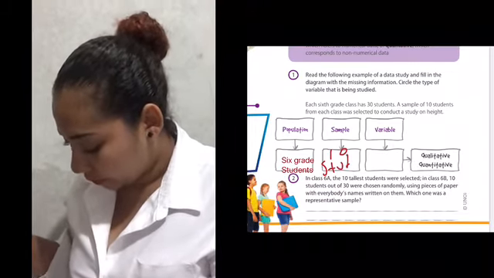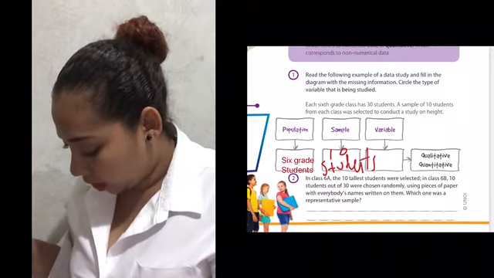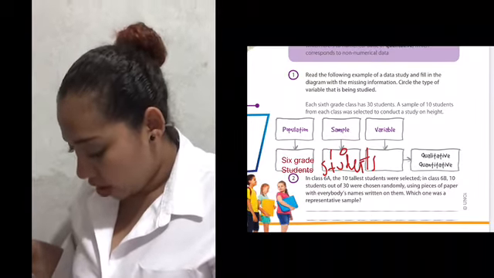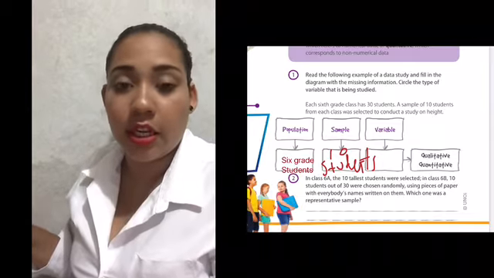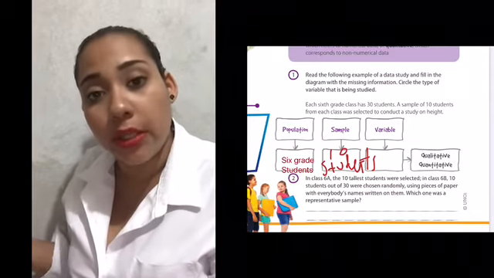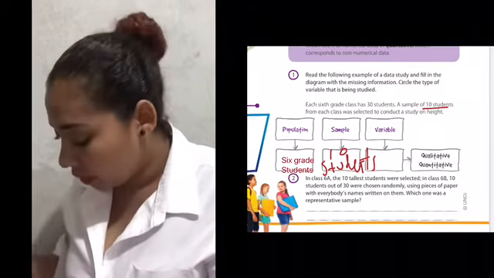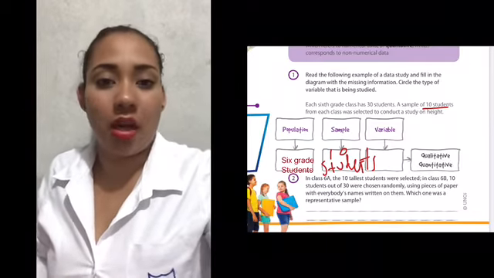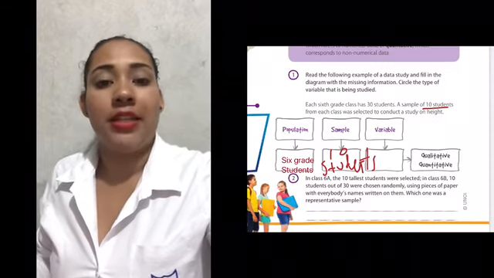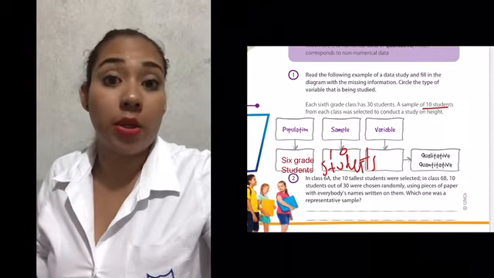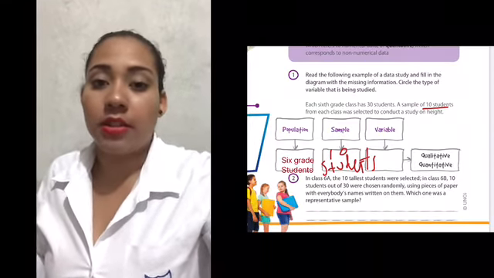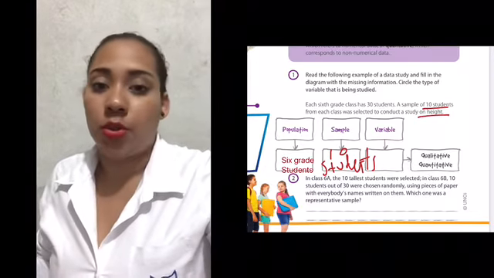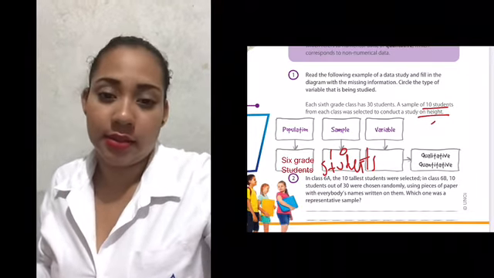And now, the population is 6th grade students because that's the population that is going to be studied. So now what are they talking about? What is the variable that is going to be studied? They talk about money, toys, height.